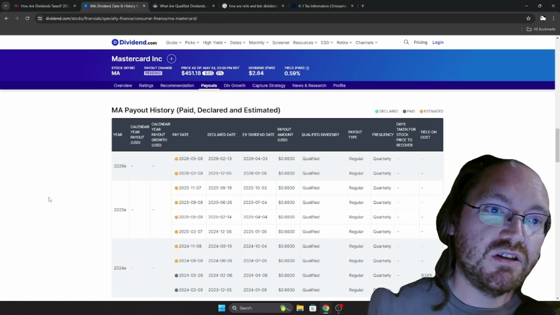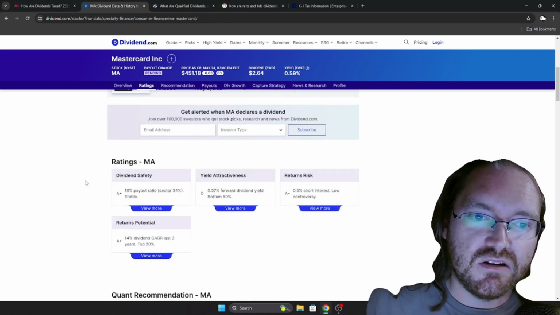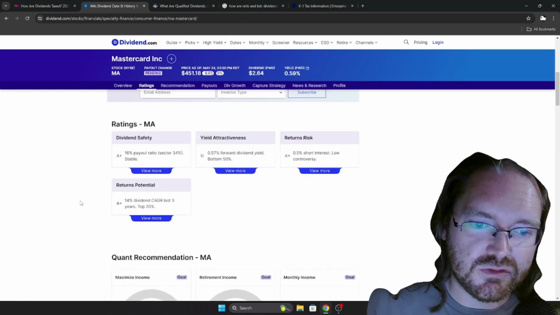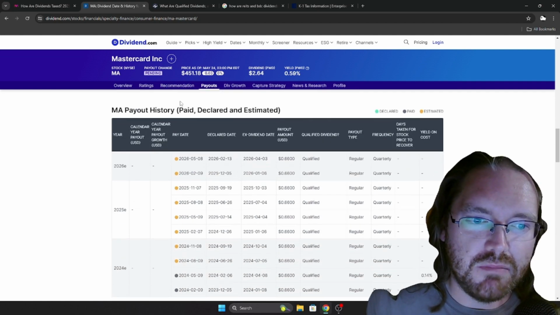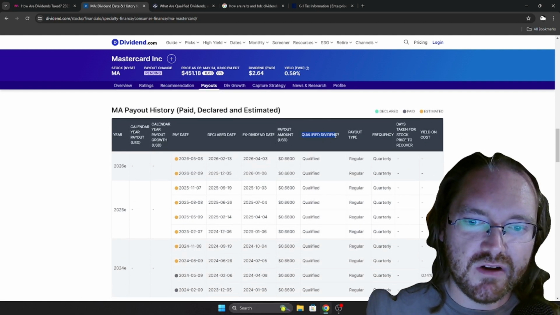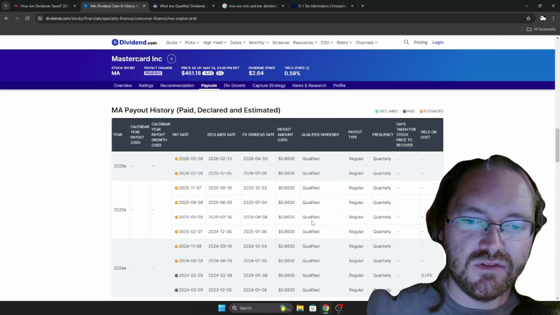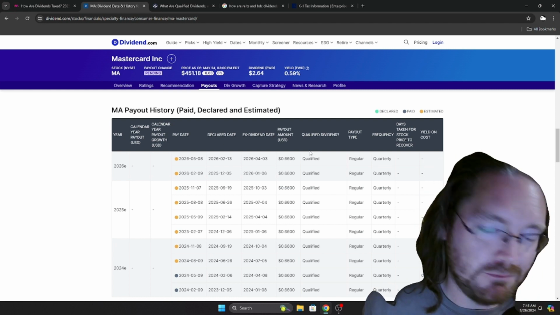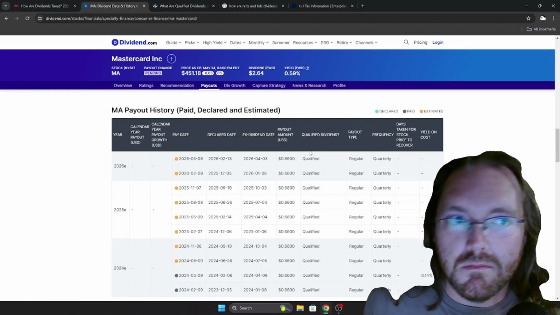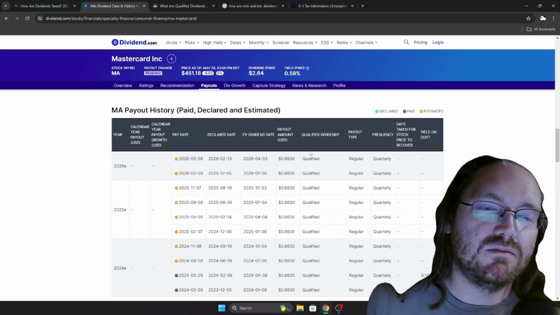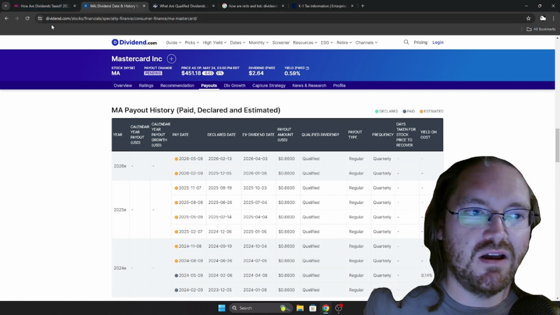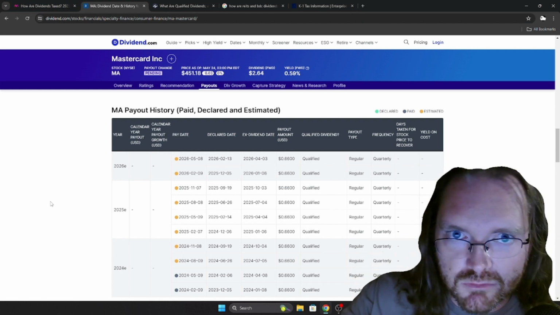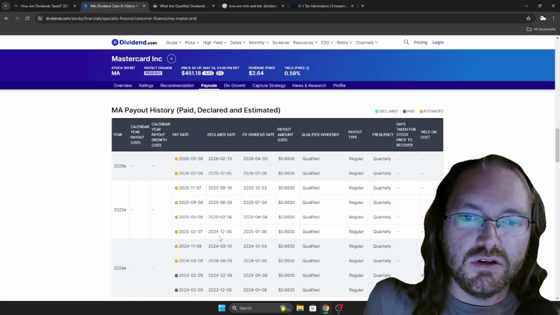You can go to dividend.com, type in the stock you want, and scroll down the payout history, and it will tell you if it is qualified or not. If it's not qualified, it'll say non-qualified. Simple as that. You can Google MasterCard dividend and just find this website, dividend.com. It can be any stock, any REIT, anything like that.